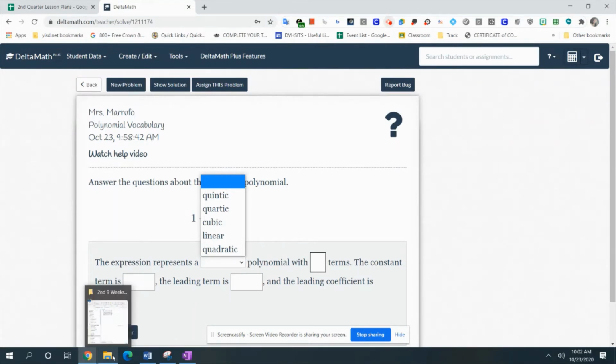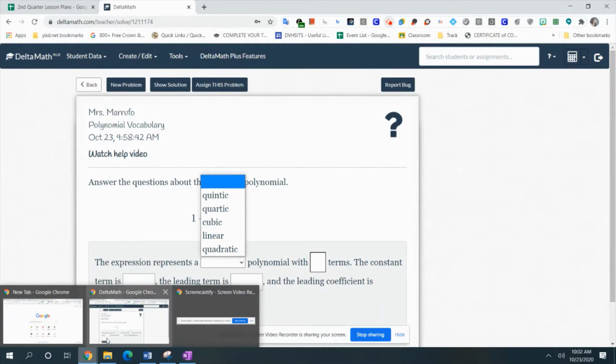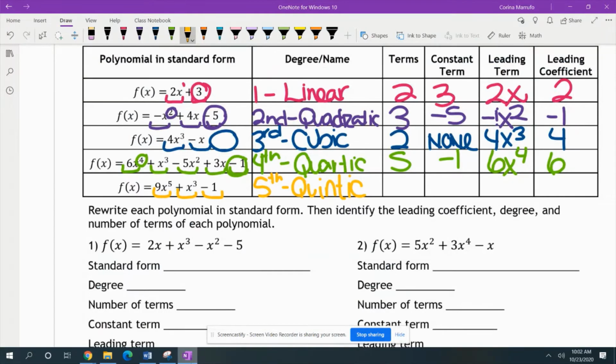Quintic. Okay, so it is a quintic, and the number of terms would be 3. And so here we have the constant term is -1, which is a number at the very end by itself. Our leading term is 9x to the 5th power, and the leading coefficient is 9.